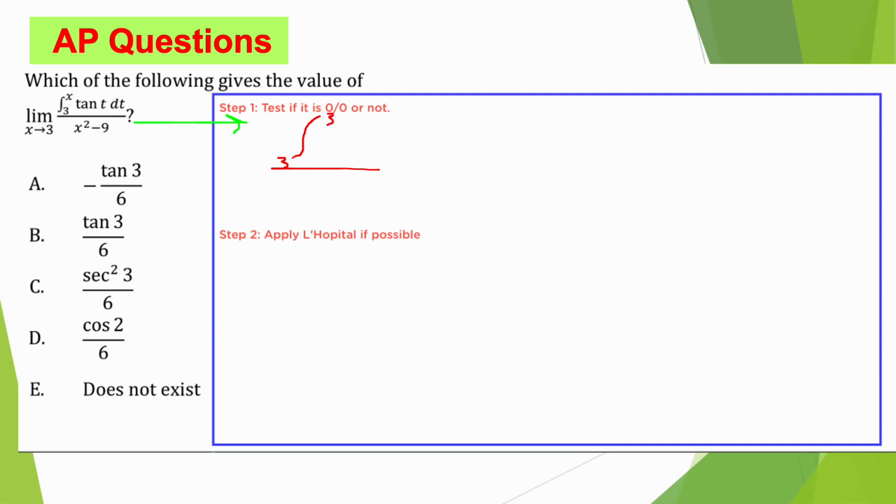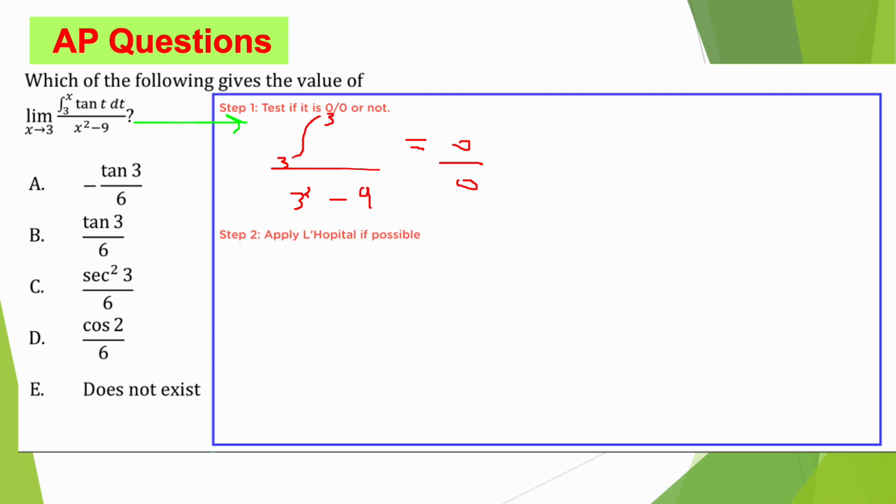And we know the integral from a number to itself, whatever the function, will give me what? It will give me 0. And in the denominator, when I replace 3, it will be 3 squared minus 9, and we know it is also 0. So the answer is 0 over 0. So yes, we can use L'Hopital.